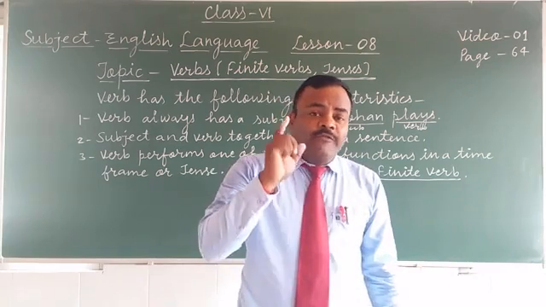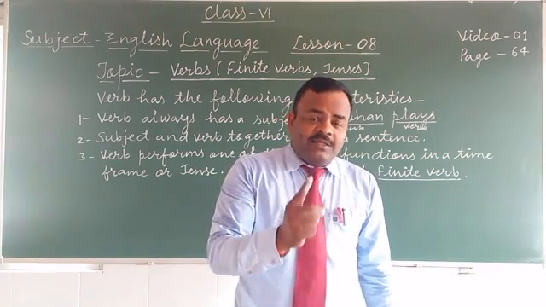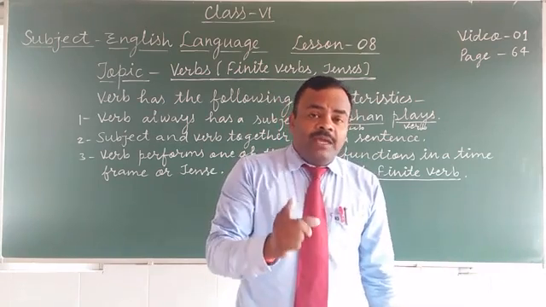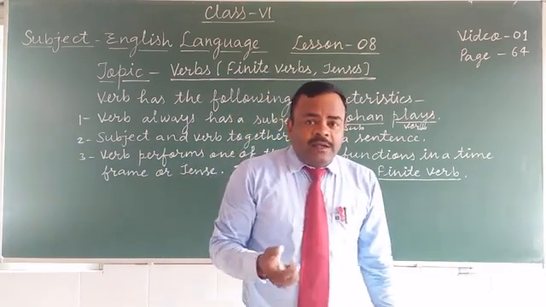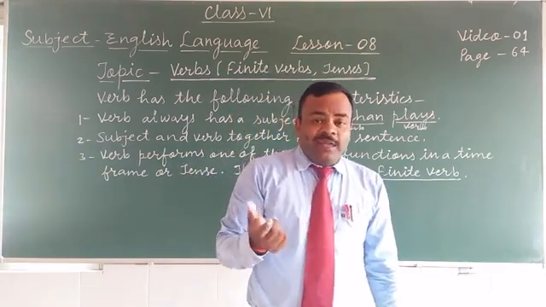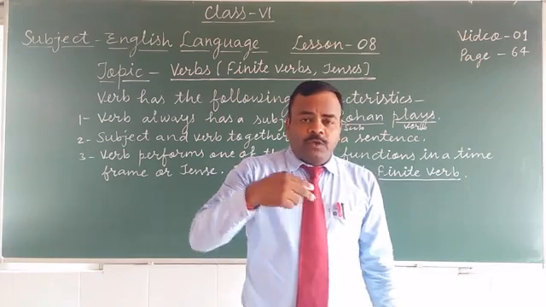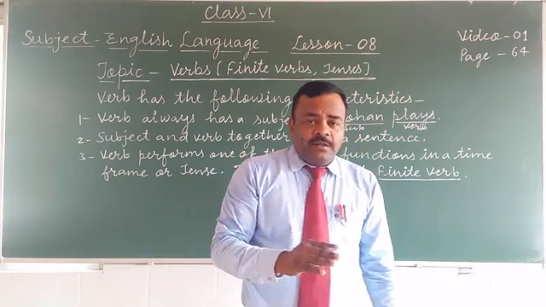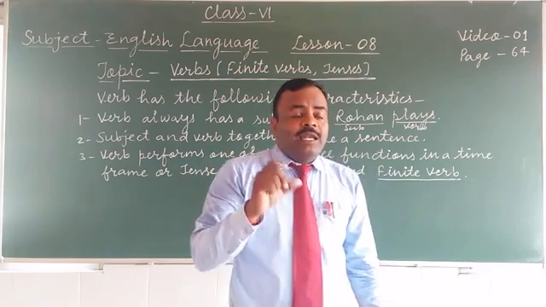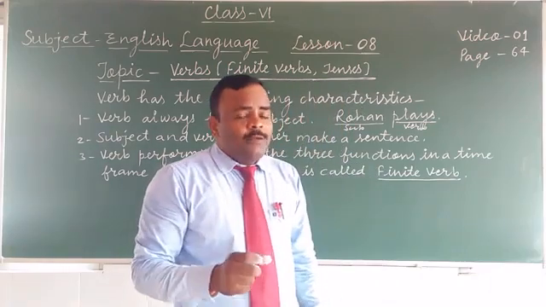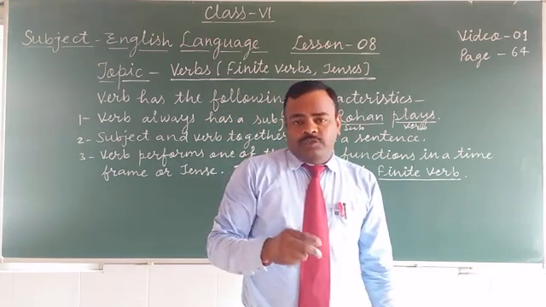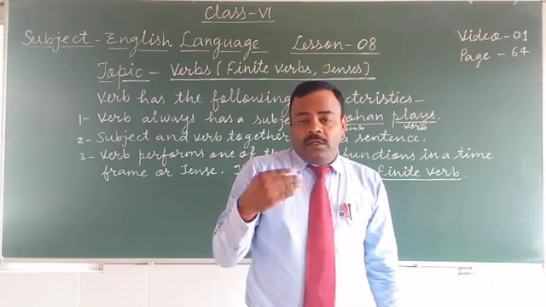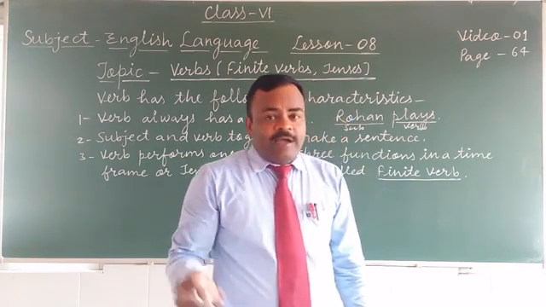Sometimes there is only one word in the sentence, and that word will be a verb. For example, while speaking, we say come, go, sit. Imperative sentences. In imperative sentences, we use the first form of the verb to give an order, suggestion, or advice.